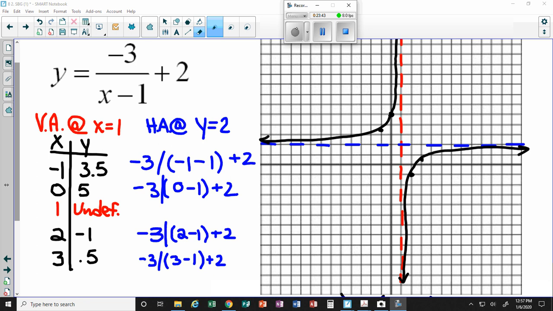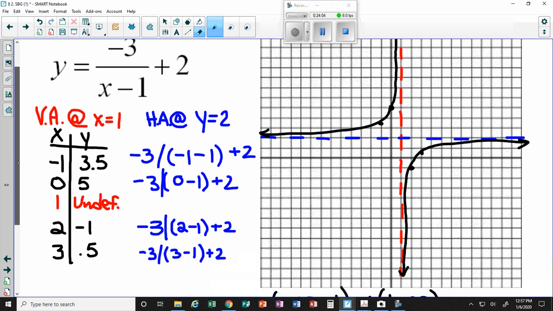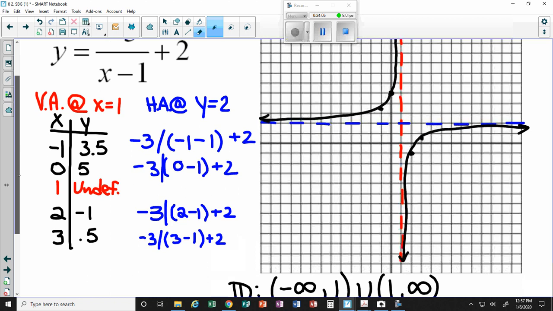So what is our domain? What's the domain for this one? -infinity to 1, and then the union, 1 to infinity. Yep, what do we need? Brackets, parentheses, what? Parentheses on both.